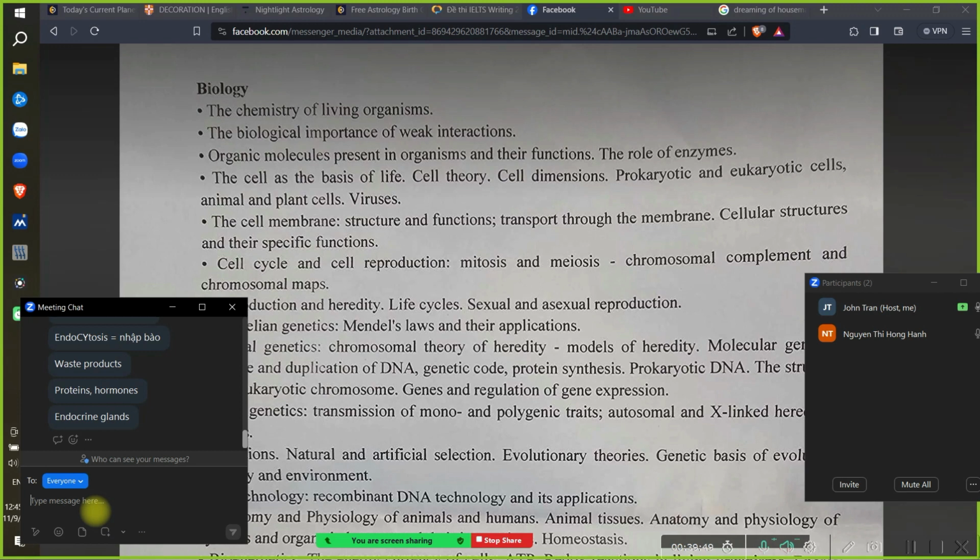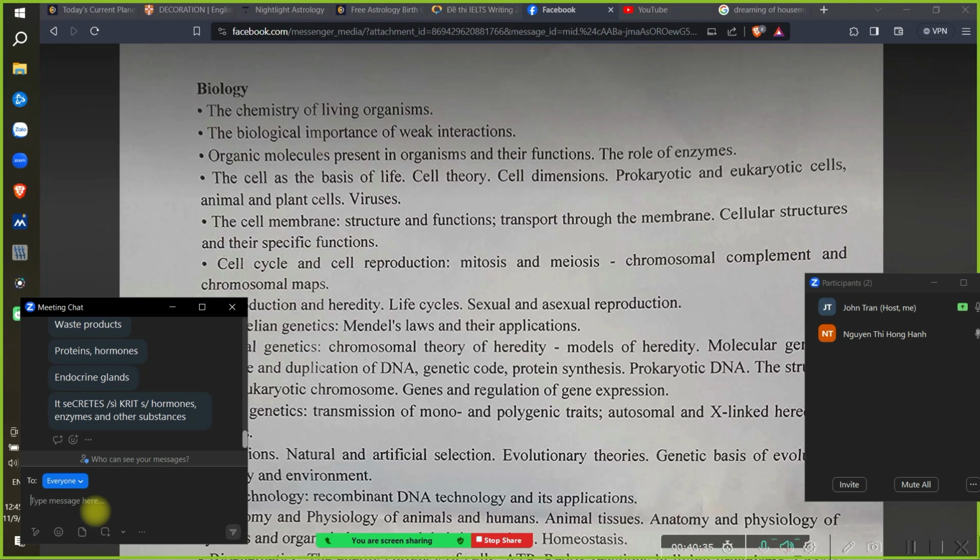That's why you have endocrine glands, which secrete hormones and other substances to the environment through exocytosis. Exo means out, endo means in.